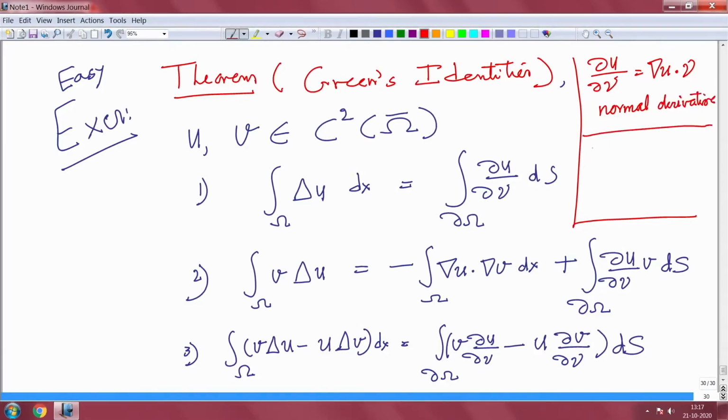And grad u is (du/dx_1, ..., du/dx_n), and the Laplacian of u is the summation of d squared u by dx_i squared, i equal to 1 to n.